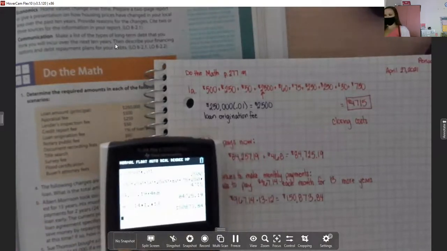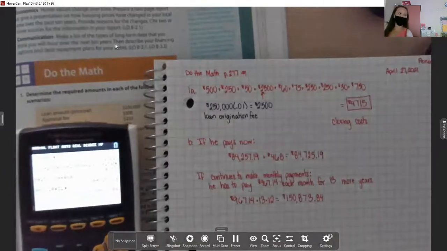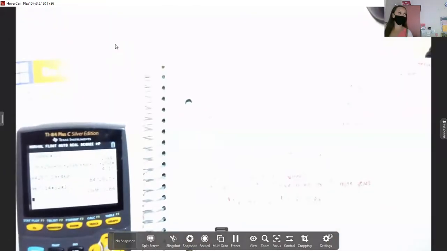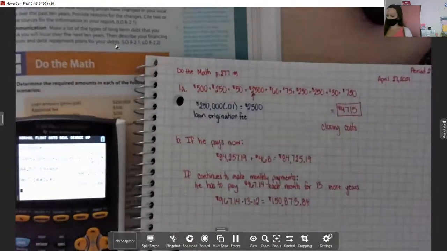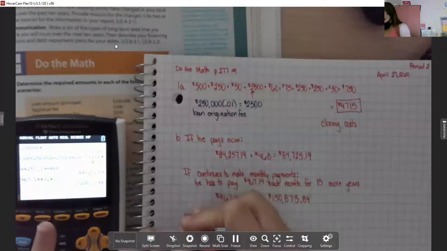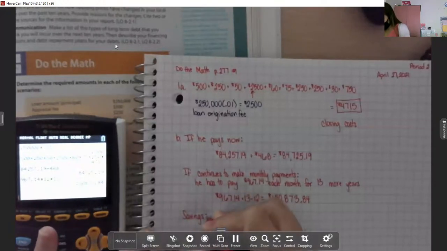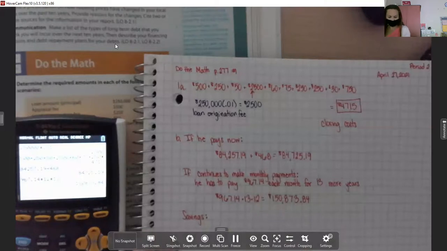Sorry, it's kind of dim, but the light makes it way too bright, I think. So what is he saving?